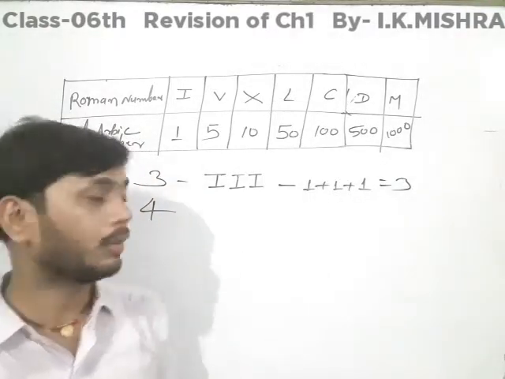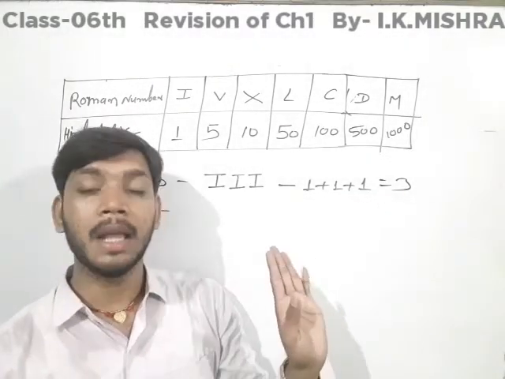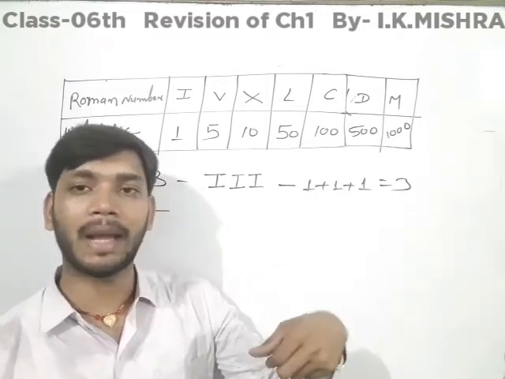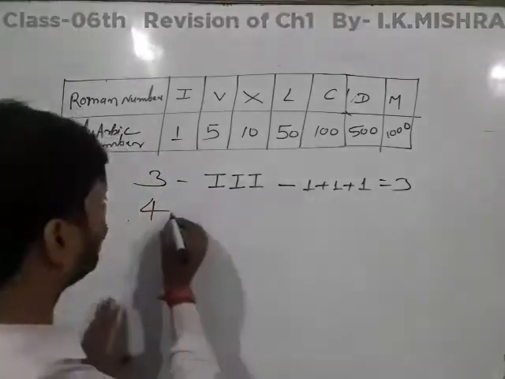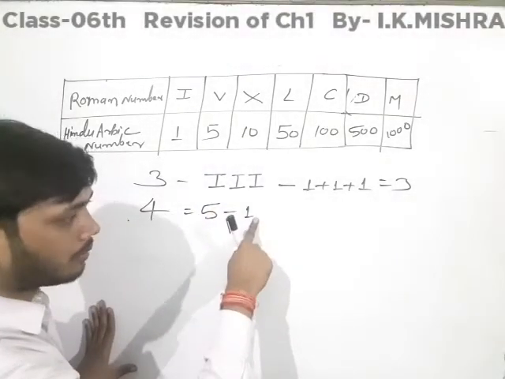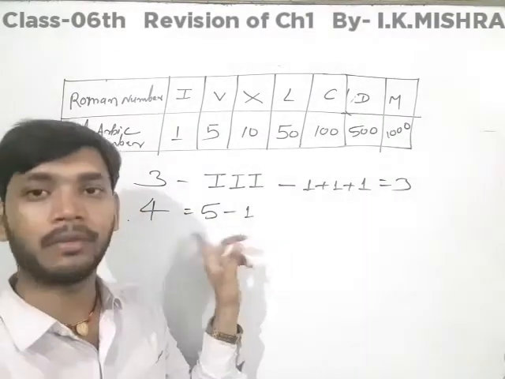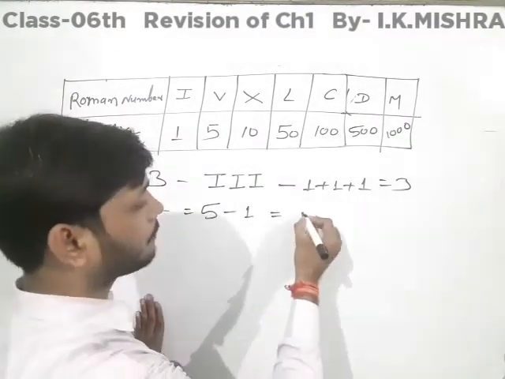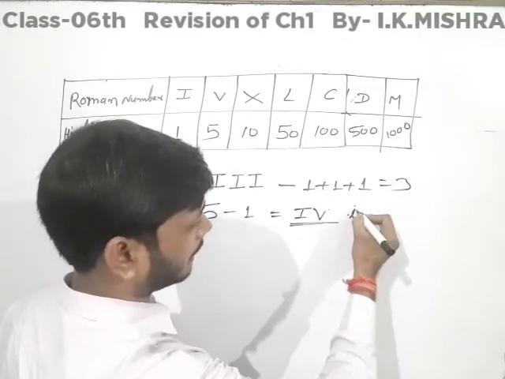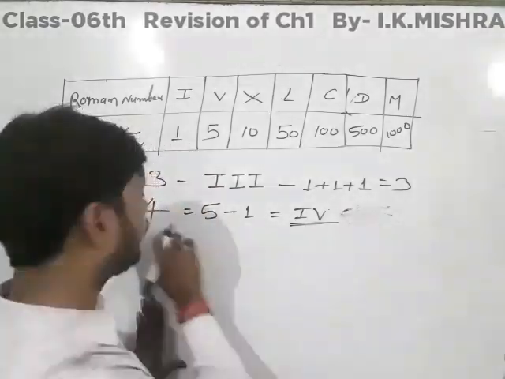If we have to write 4, that means we have to subtract 1, and for subtracting we write the 1 before 5. That means 5 minus 1, so first write 1 and then 5. That means it will be I and V, IV for 4.